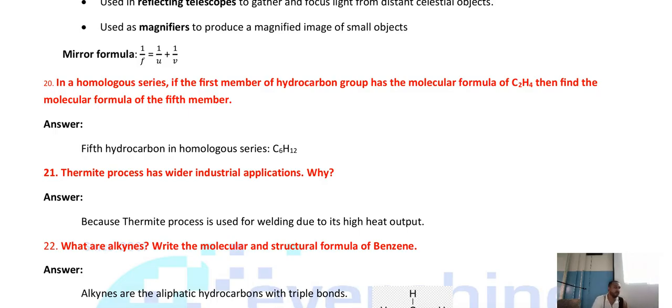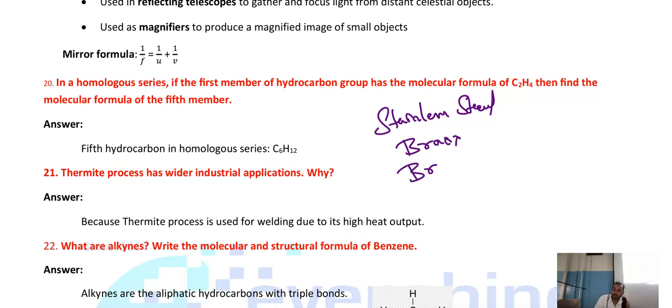The best example. Example of an alloy? Yes? Stainless steel. Very good. Brass. Bronze. Next.